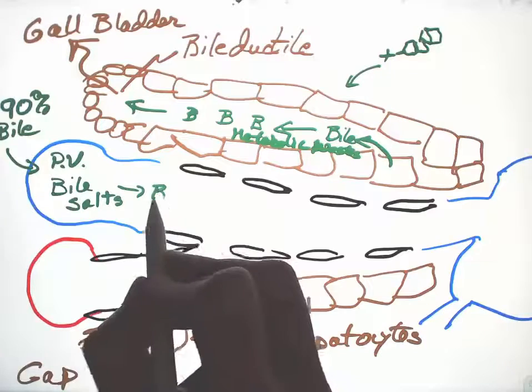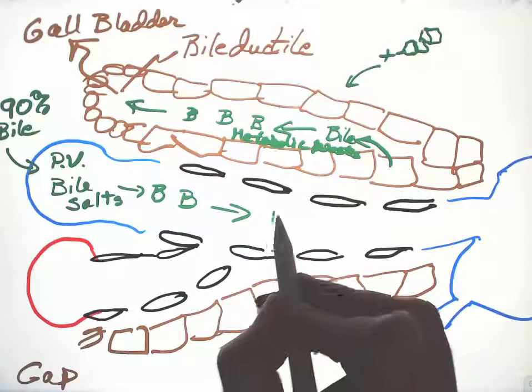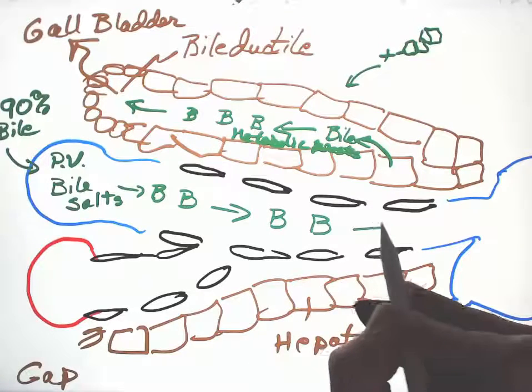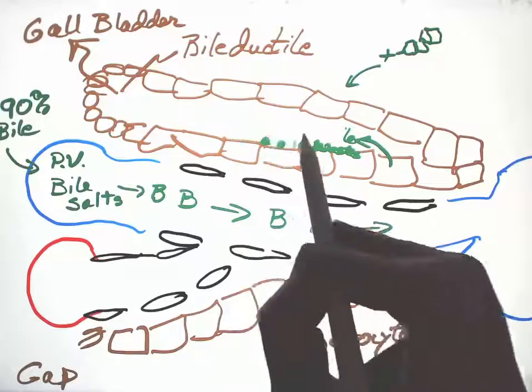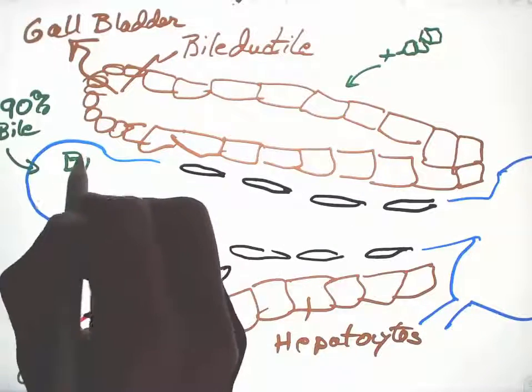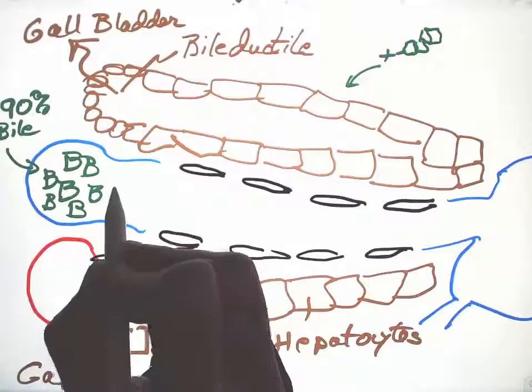And I'll use B in the sketches to refer to bile salts or salts of cholesterol. So the bile is moving in opposite directions, and this is a typical countercurrent exchange. Consider bile salts, salts of cholesterol, coming back from the intestine at high concentrations and transfer to the bile ductal.